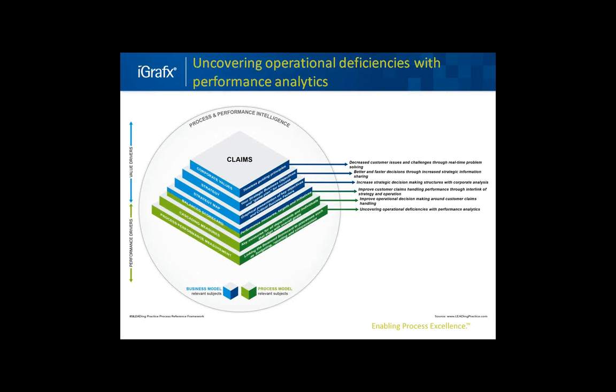Furthermore, we see how this interlinks with the process performance measurements. This is where you link the balanced scorecards, for example, to processes such as the reporting, the claim handling, the claim compensations. So this would be uncovering operational deficiencies with the performance analytics of the claims.